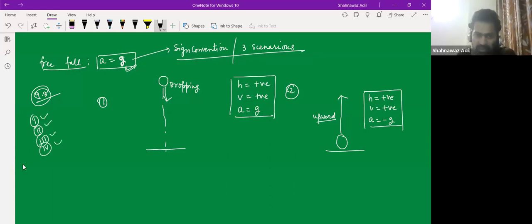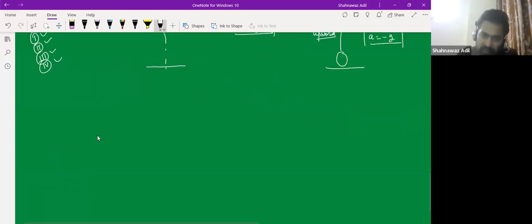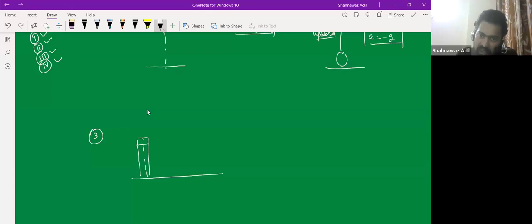The third scenario is that you have thrown the object. Let's say this is some rooftop, and you throw the object from here and then it drops down.